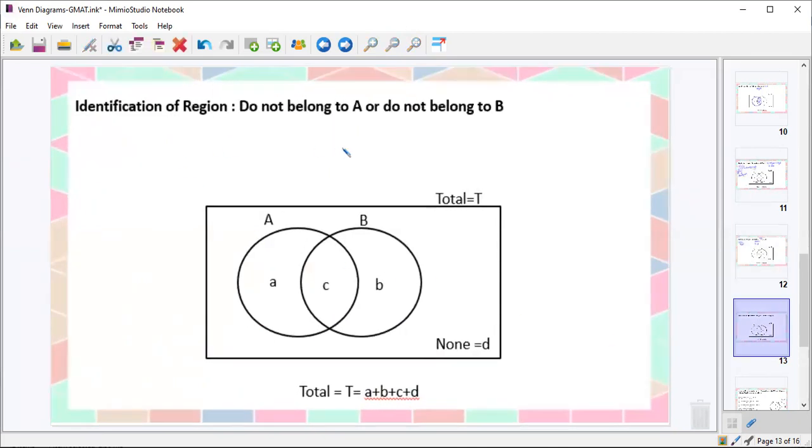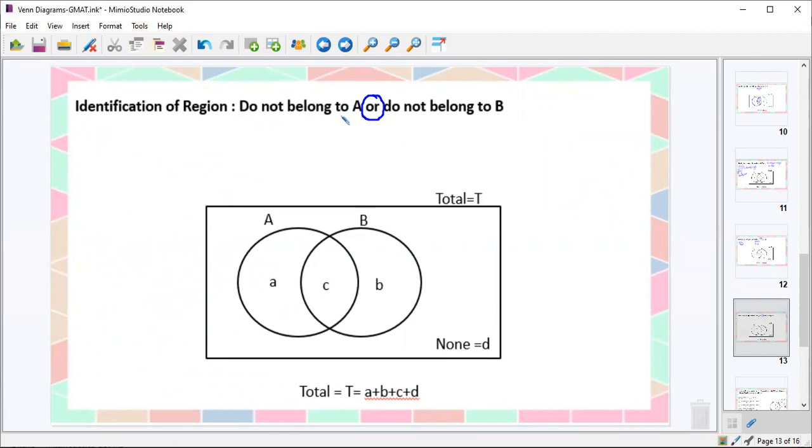Now let us look at this statement. Do not belong to A or do not belong to B. We cannot identify the region directly like we have been doing in the past statements. So let us write down the regions specific to these two. You can see there's an or operator, a union operator, in between.